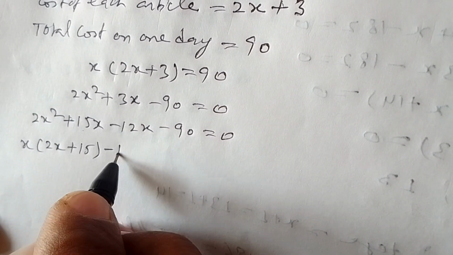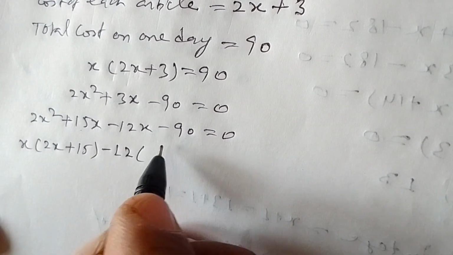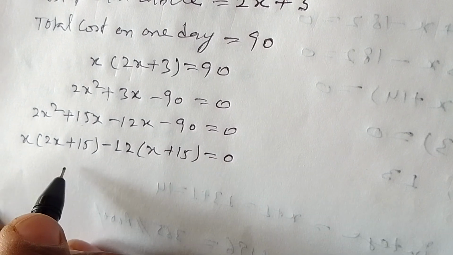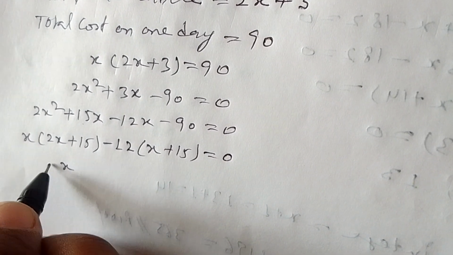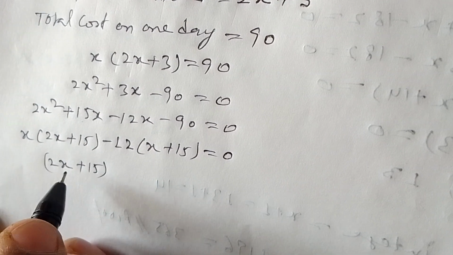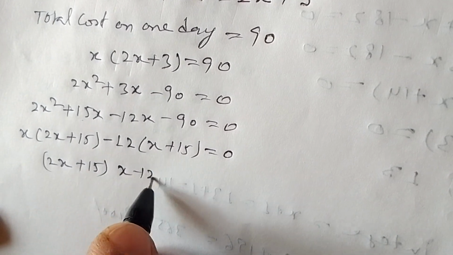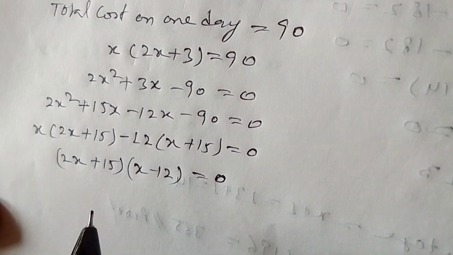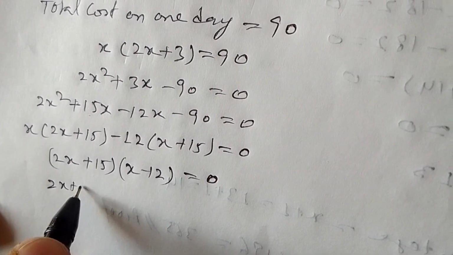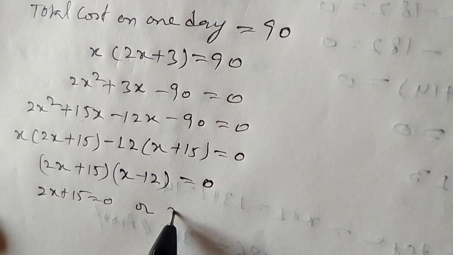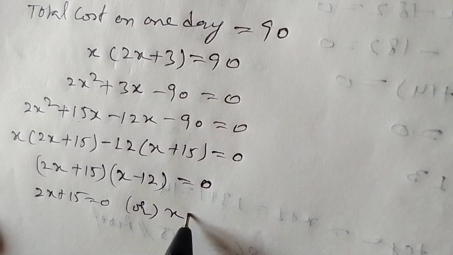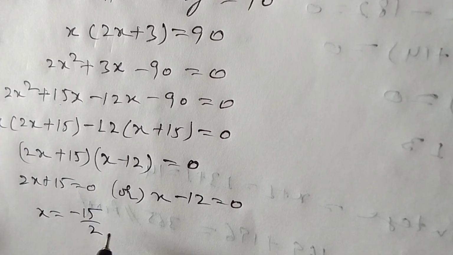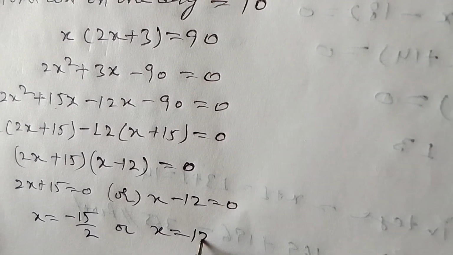Then 12 common from the other two terms, so it becomes x minus 12 is equal to 0. So it has two terms, 2x plus 15 in bracket and x minus 12, that has come from outside the bracket. So we have 2x plus 15 is equal to 0, or x minus 12 is equal to 0. So x comes out to be minus 15 by 2, or x comes out to be 12.